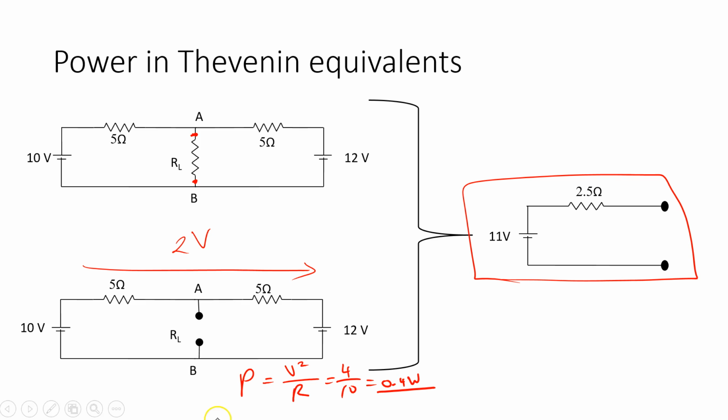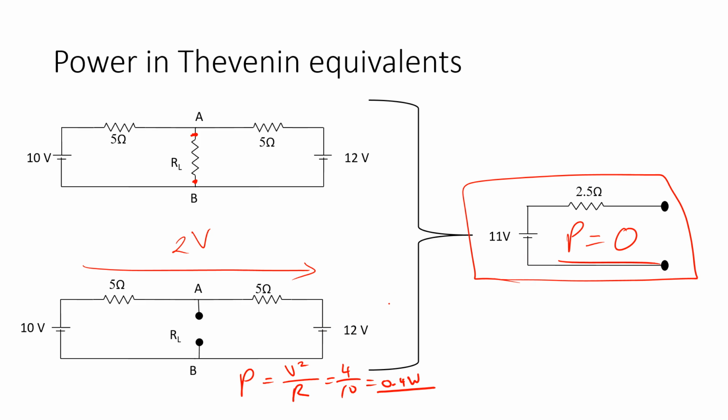That is 0.4 watts when there's nothing connected between the terminals. If I go to this circuit now though, and there's nothing connected between the terminals, then the power dissipation is 0 because no current flows in the circuit. So while these are supposed to represent the same circuits, we see that they actually have different power dissipations.